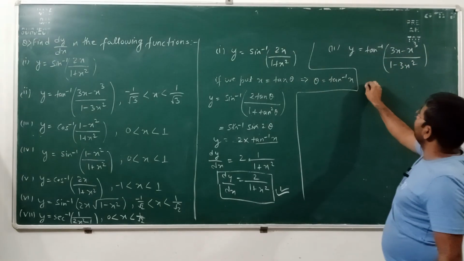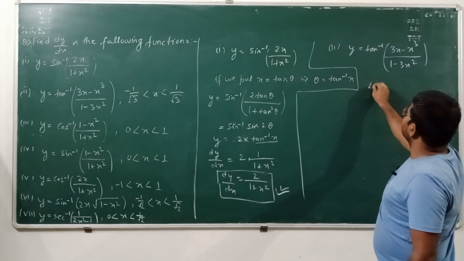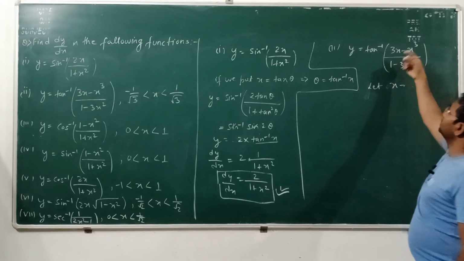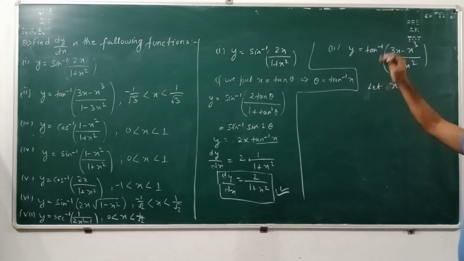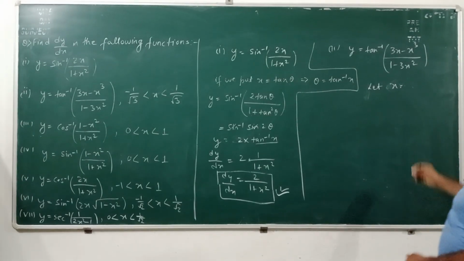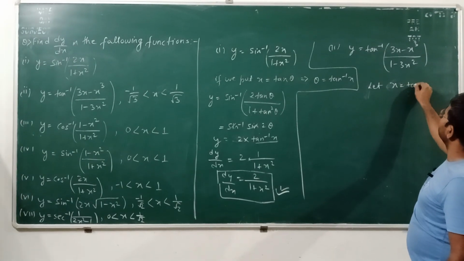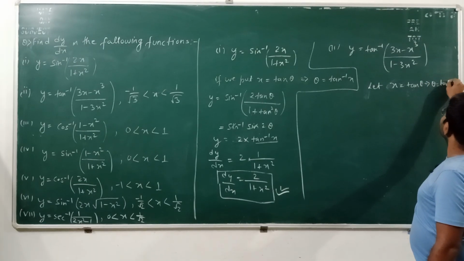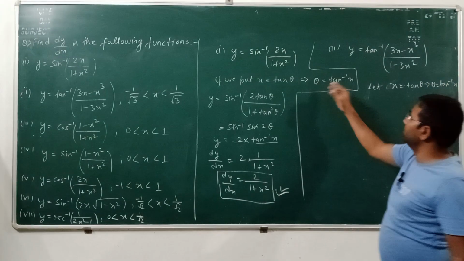Okay. Now in all inverse trigonometry we will put x as something. Okay, so see here we will put x is equal to tan theta, then theta will be tan inverse x. Okay, same thing we will write here.